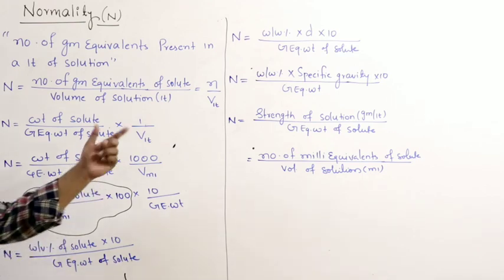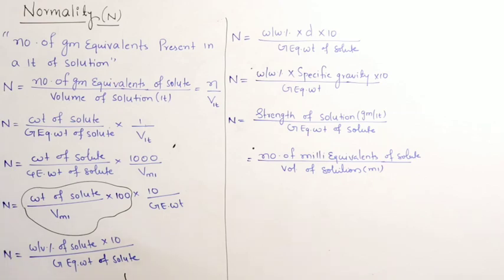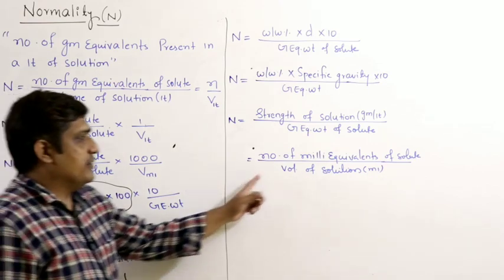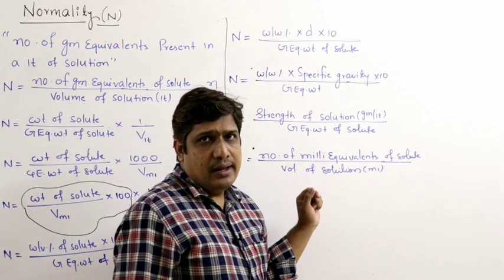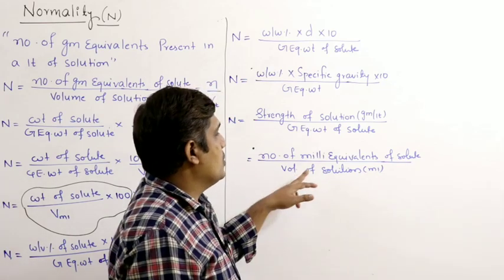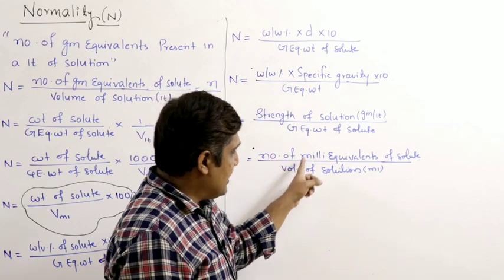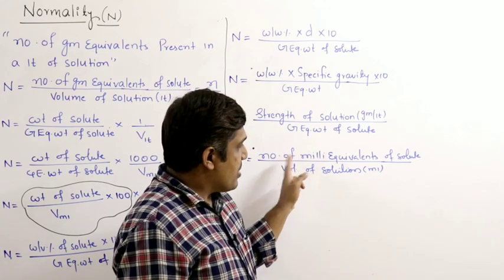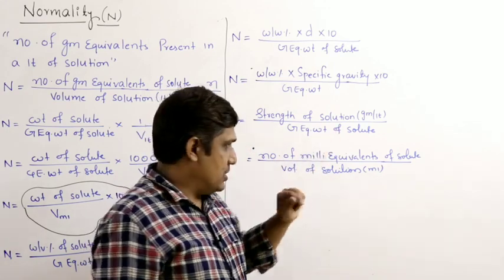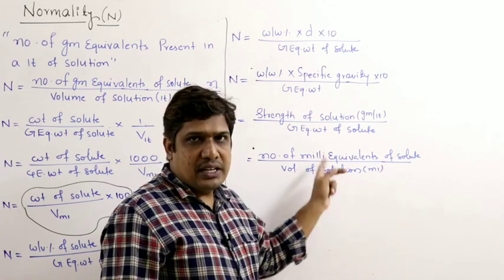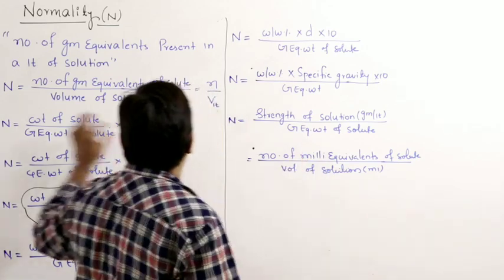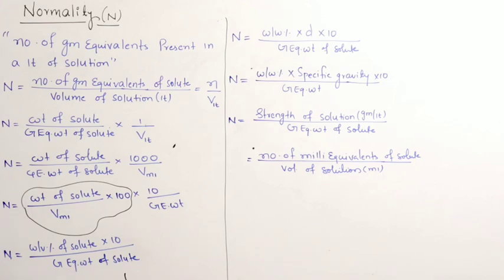So milli is nothing but 10 power minus 3. Here also if you divide with 1000, you will get volume of solution in liters. Number of milli equivalents is nothing but number of equivalents into 10 power minus 3. This is volume of solution in liters into 10 power minus 3. They will be cancelled, again you will get this equation. So these are the possible ways in which you can write the normality equation.